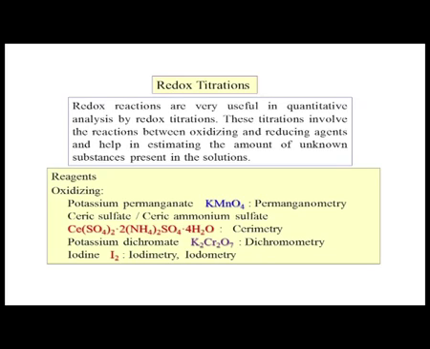These titrations therefore involve reactions between oxidizing and reducing agents, the way we have just seen while balancing the redox reactions, which will help in estimating the amount of unknown substance.